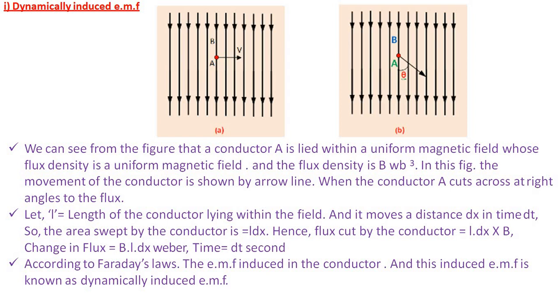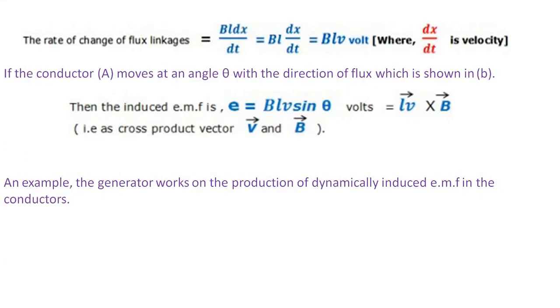Then the change in flux is B l dx Weber in time dt seconds. According to Faraday's law, the EMF induced in the conductor is known as dynamically induced EMF. The rate of change of flux linkage is equal to B l dx by dt, which is equal to B l v volt, where dx by dt is the velocity.